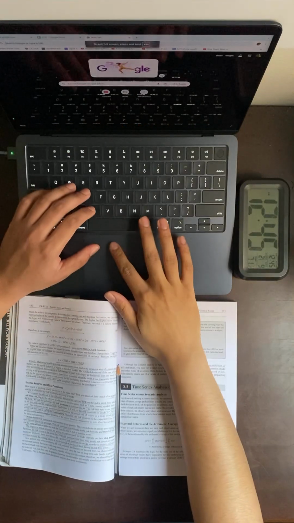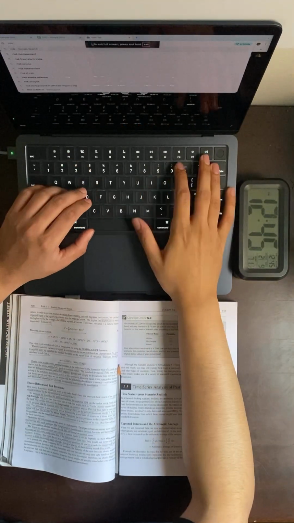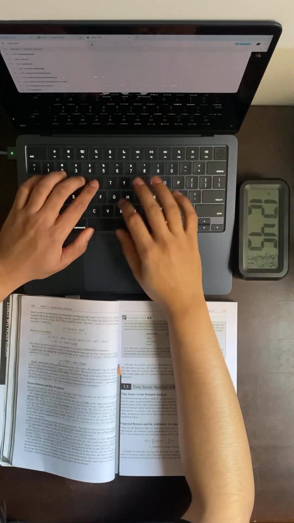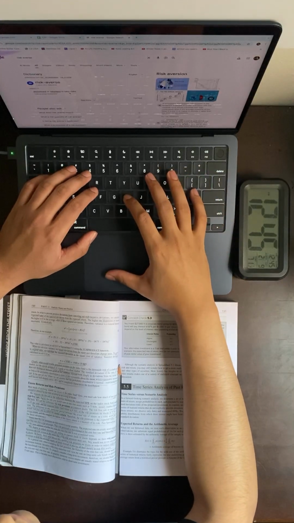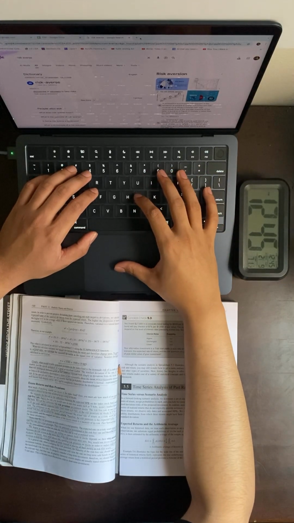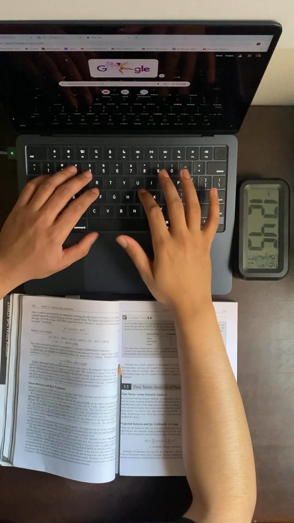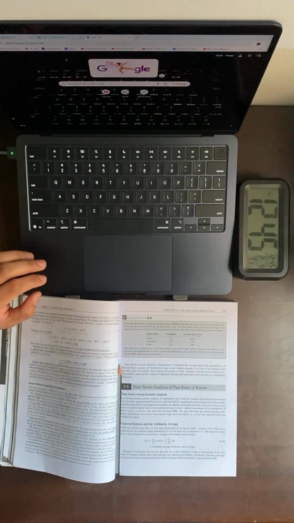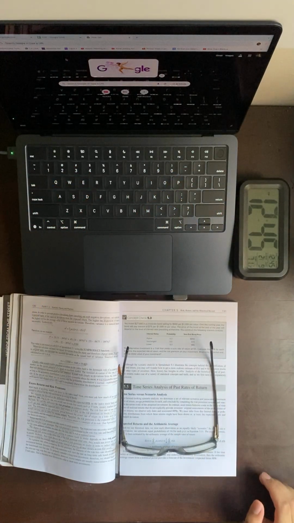One sec. Just look up what risk averse means. Forgotten. Okay, so basically somebody who doesn't want to take too much risk, who wants to play it safe.